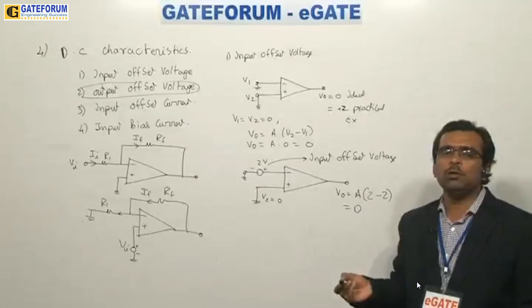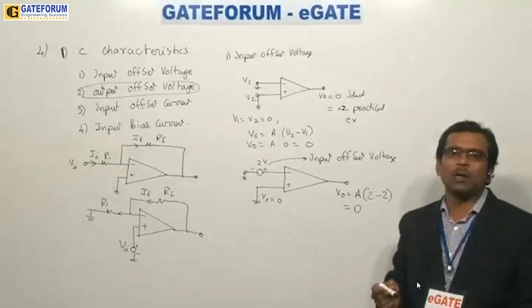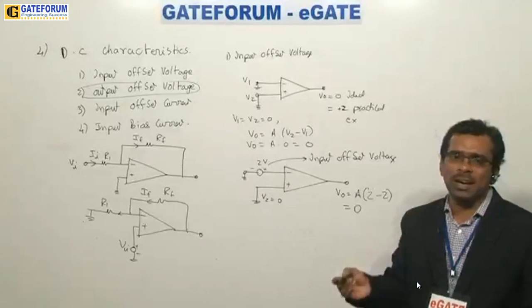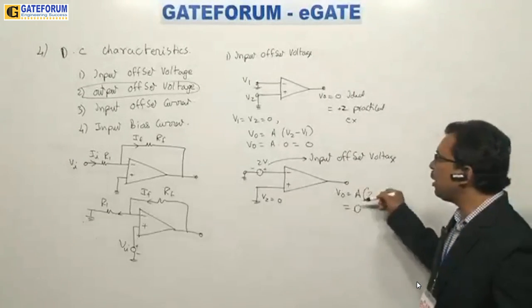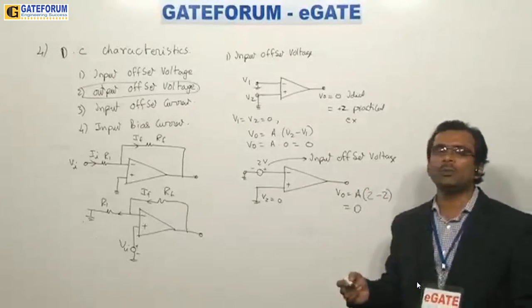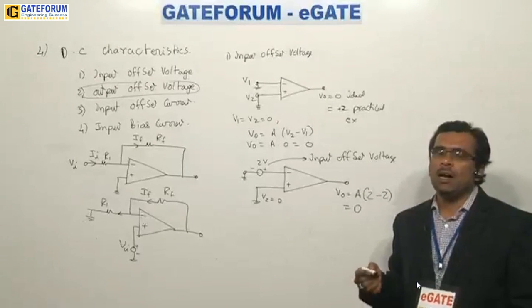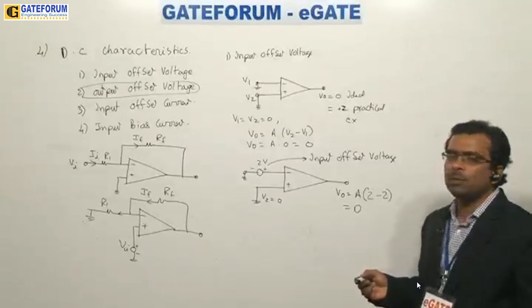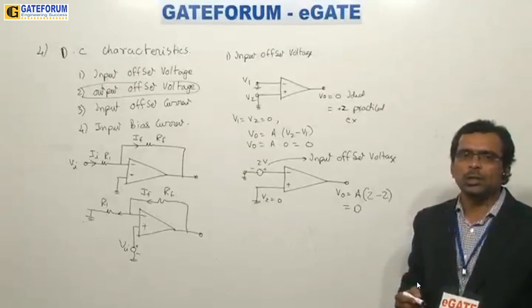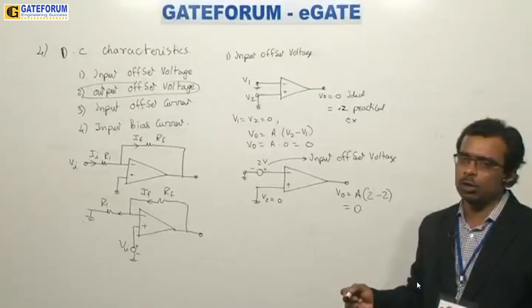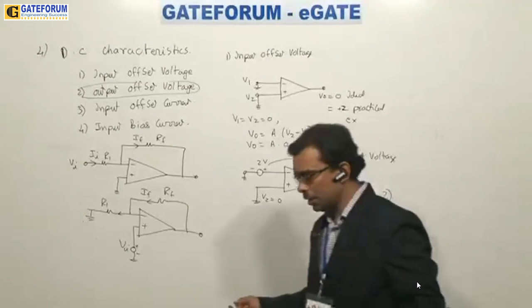If it is minus, you need to connect the offset value to the positive terminal, so that the net voltage difference will be cancelled. This is how we try to make the output voltage 0. So we define that as the offset voltage: the voltage given at input to make the output voltage 0 is called the input offset voltage. That is the point you need to understand.